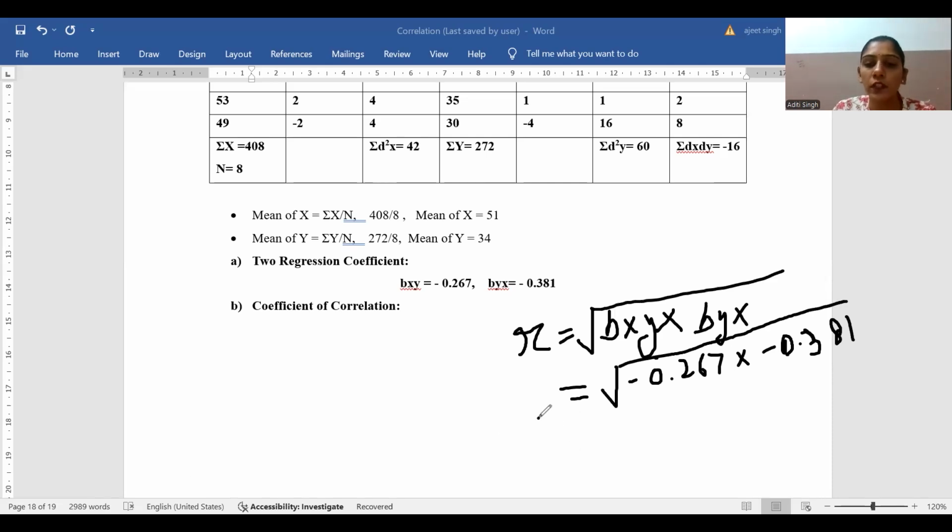Now let's solve this equation. So let's first multiply minus 0.267 by minus 0.381. The answer is 0.102.